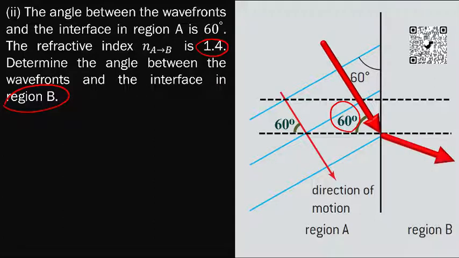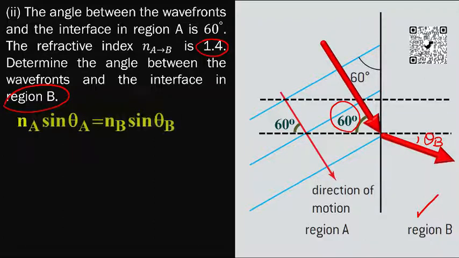It will bend towards the normal, as I told you, because in region B we have slower speed, and so it will make an angle of theta B with the normal. After that, we will find the angle between wavefronts and the interface.